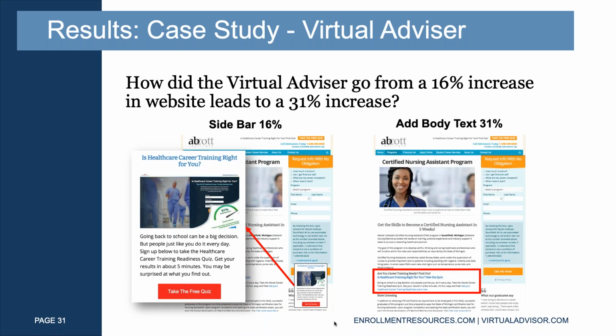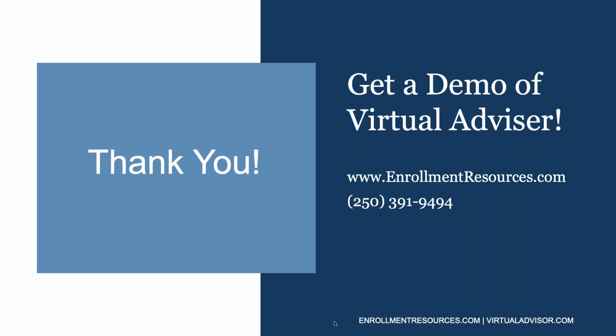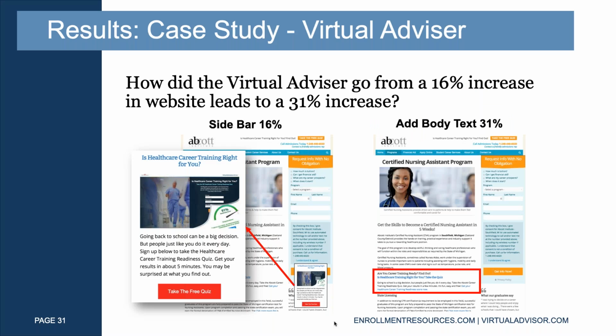When we added it instead into the body copy of the program pages, just a subhead and a few lines of copy, the impact on conversion rate, revenue and lead flow doubled, more or less. The only thing that changed was how we promoted that offer on the page.